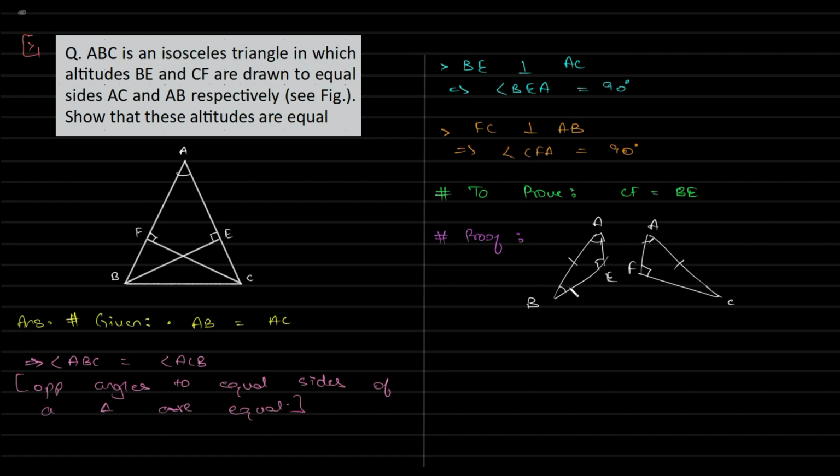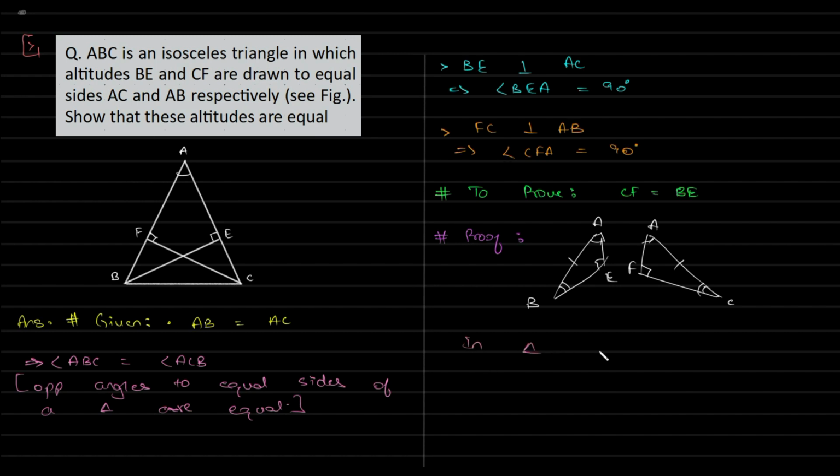And proving that angle ABE is equal to ACF is not that difficult. So why should we prove it? You guys think over why we have to do that. If we do this, we can tell that these two triangles are congruent. Okay, so now let's do this.